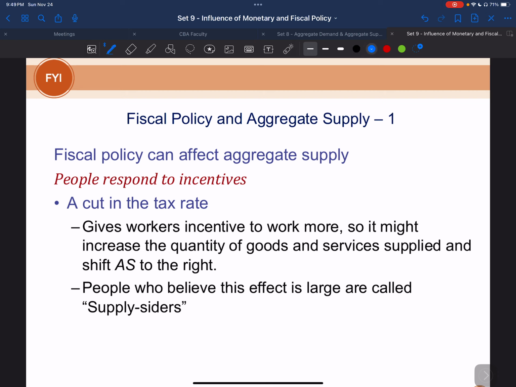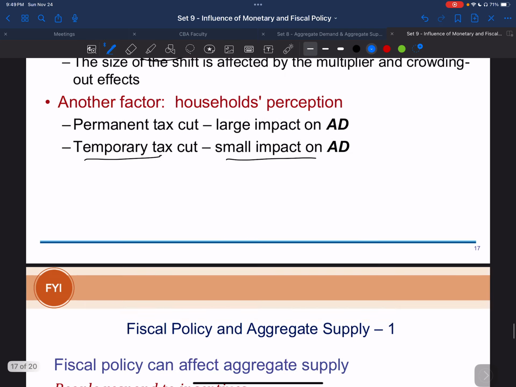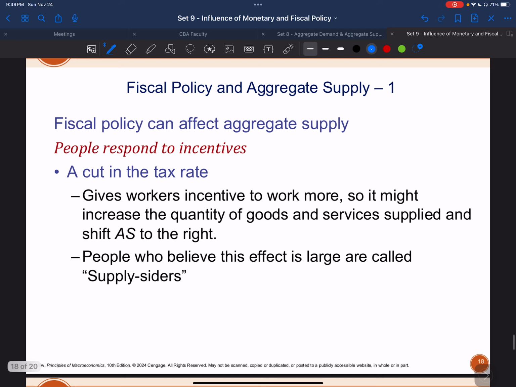At the same time, a tax cut not only shifts the aggregate demand to the right. If we have this long run aggregate supply, aggregate demand, and aggregate supply, the tax cut brings some extra money back as income to the hands of the people, and they are going to spend more.